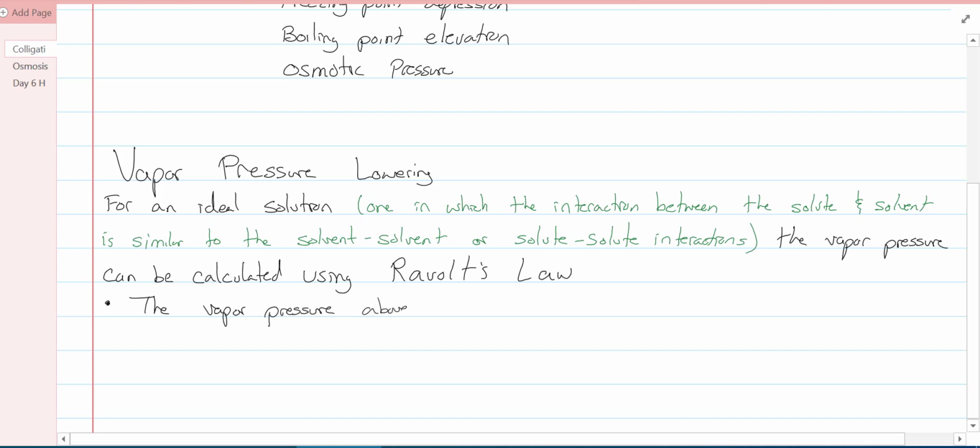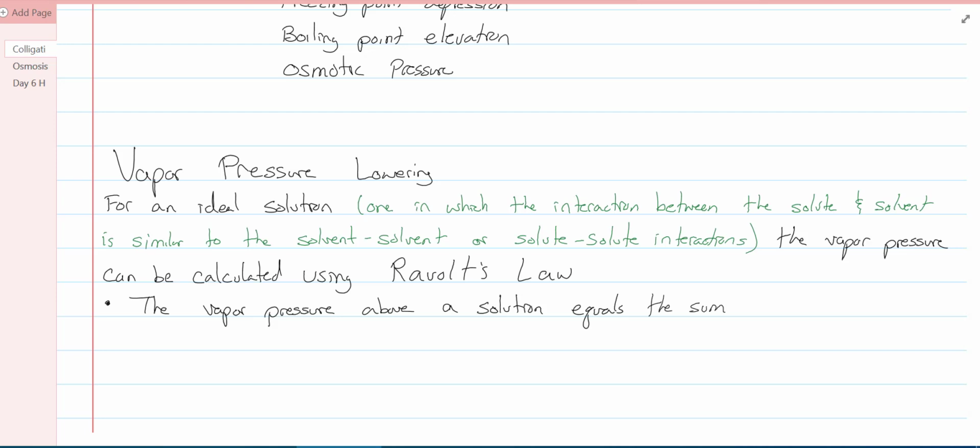above a solution equals the sum of the partial vapor pressures.